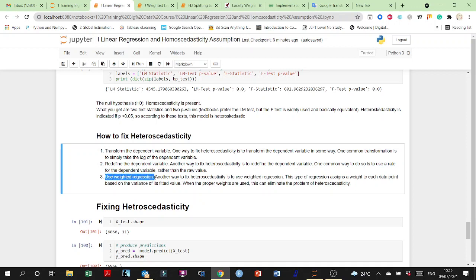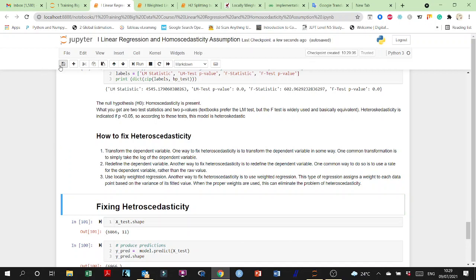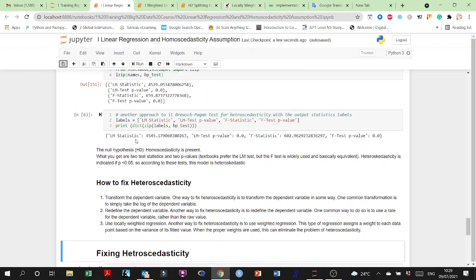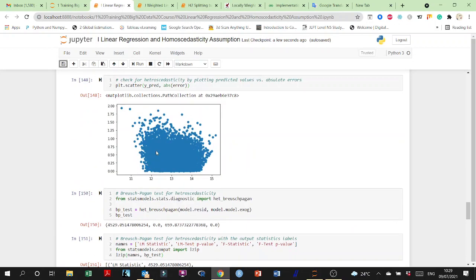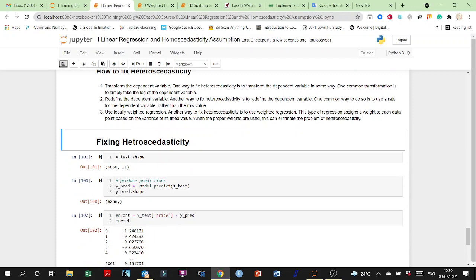Now let's use weighted regression, or locally weighted regression. Locally weighted regression means we pinpoint and detect points within a certain bandwidth where the variance could be considered constant.